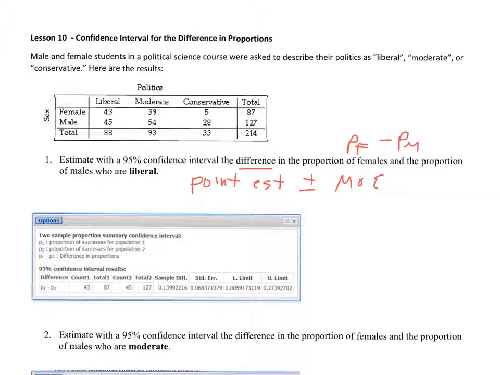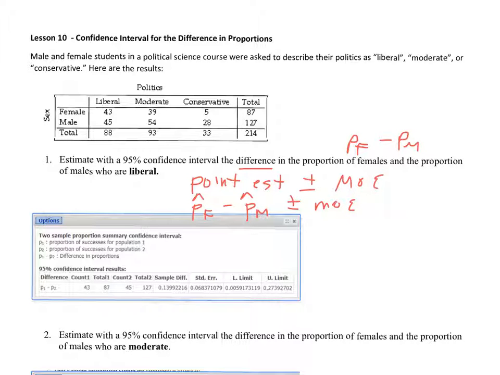If we don't know the difference in population proportions, we can always get a sample proportion of females who said they were liberal, and the sample proportion of males who said they were liberal, and subtract them. That gives you your point estimate, and then we'll attach a margin of error.